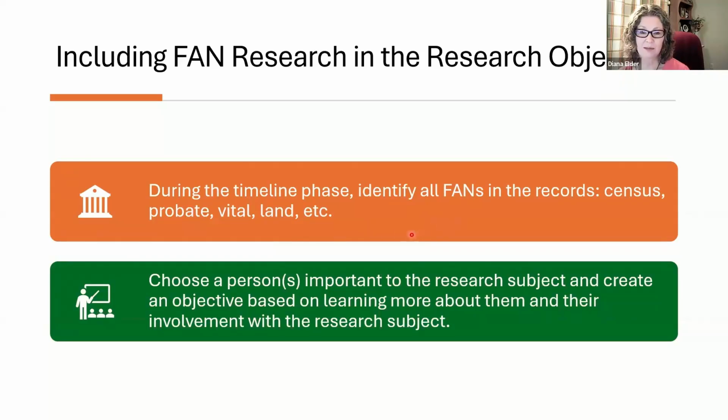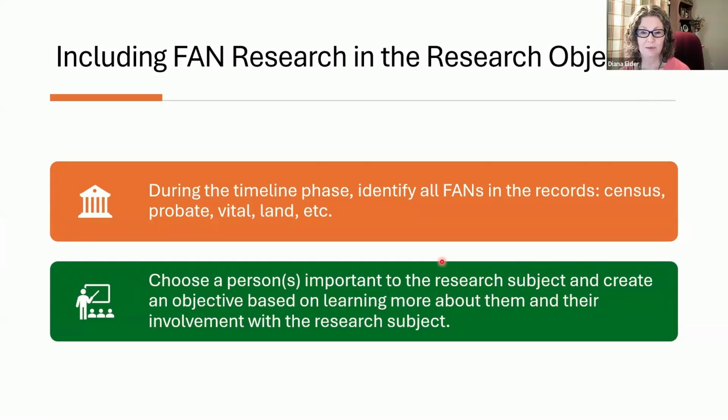So when we're thinking about our objective, after you have done this timeline phase, hopefully you will start noticing one or two or maybe even more people who seem like they could be more important to the research subject than others. Sometimes you'll see FANs who are witnessing all of the land records, and maybe they are a county clerk or they're working in the office, but they seem to be the witness for everything.